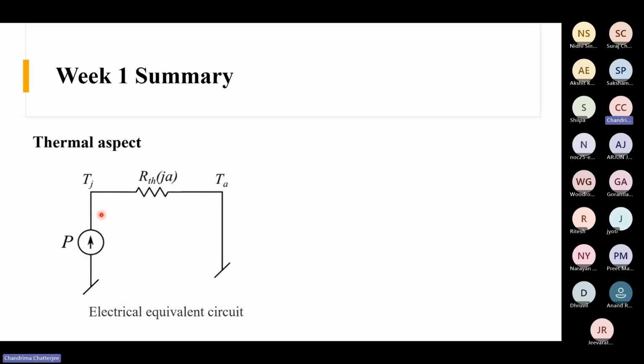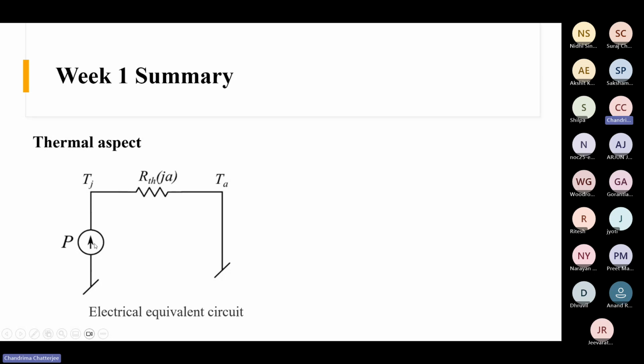And the current in an electrical circuit is represented in the thermal circuit by the power loss. Whatever power loss is incurred in that circuit flows through this, and the heat is generated, right?